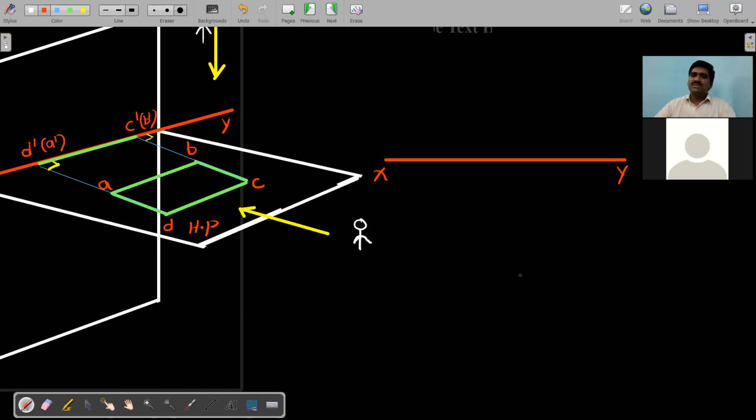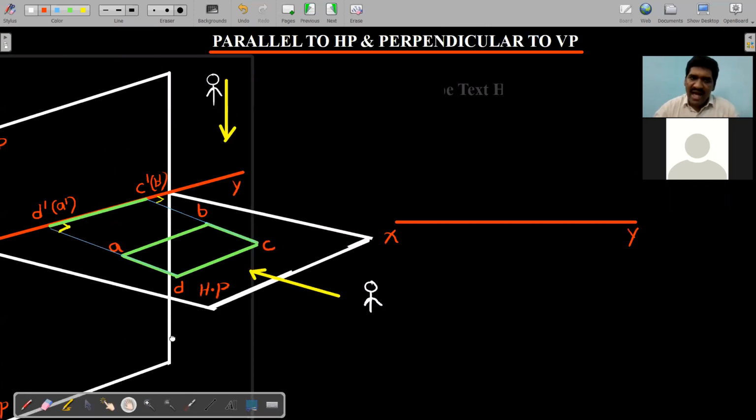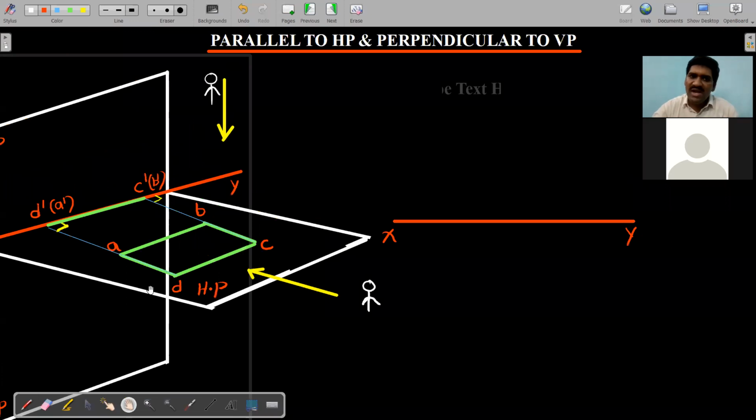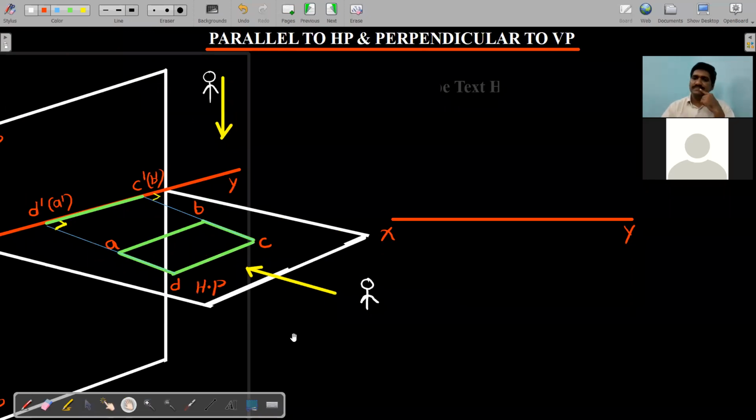There is a picture here, very simple. In which view can you see the true shape of the object? I can see the true shape of the object only in the top view. Then start with the top view, then go for the front view. Am I right or not?